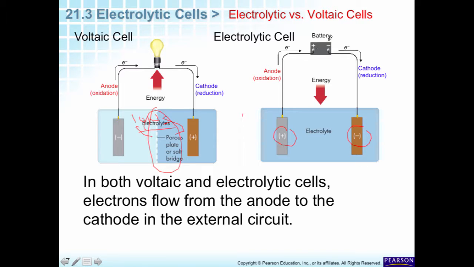And if you look at why, you have to look at the battery. The anode is just extending the plus of the battery, and this cathode is extending the negative of the battery. So this then gets negative, and it attracts positive ions from solution, which are reduced.